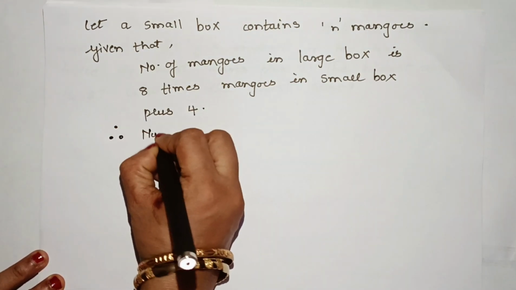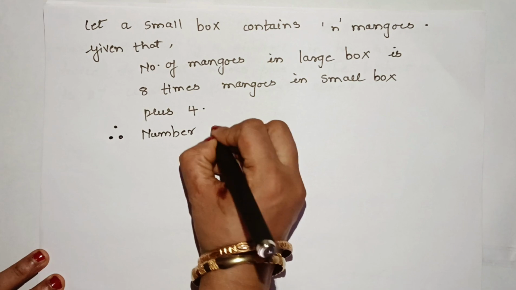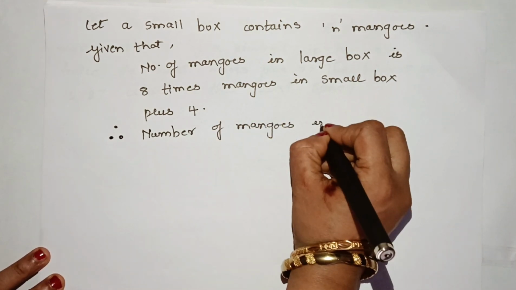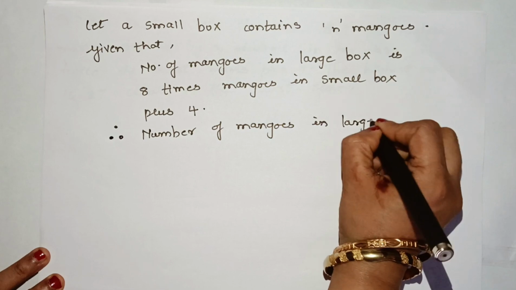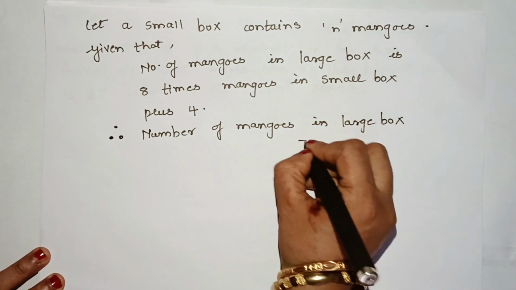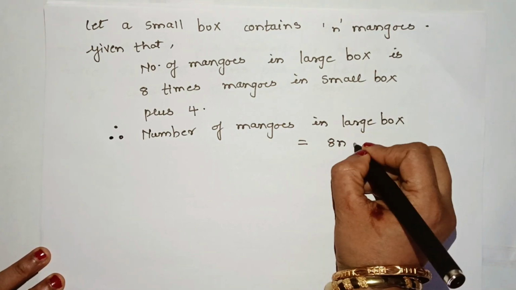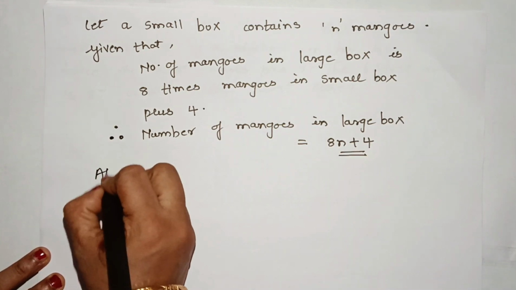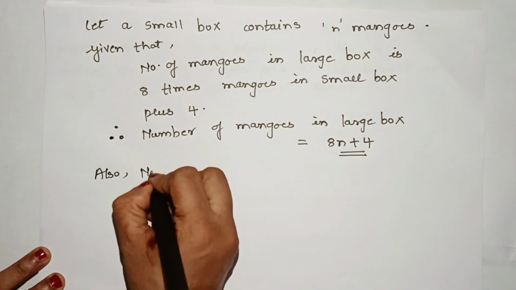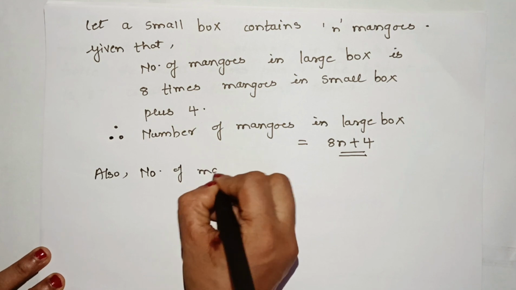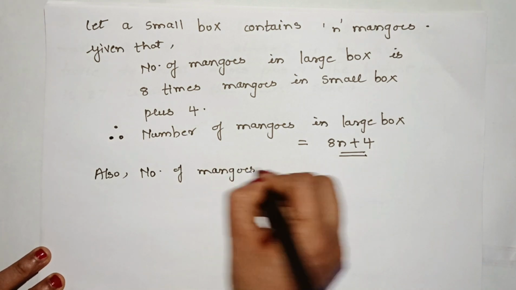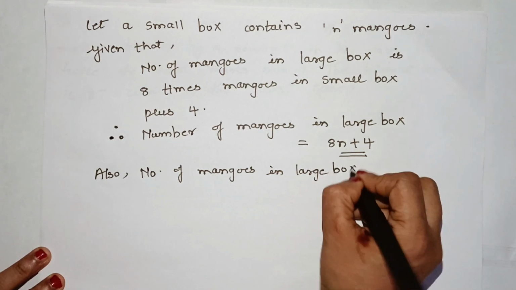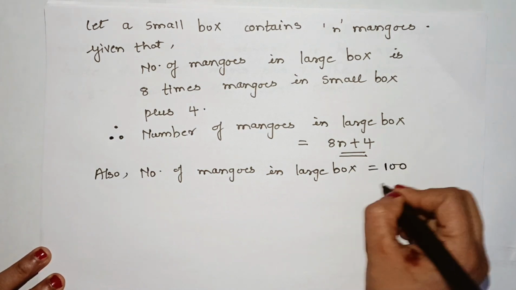Therefore, number of mangoes in large box equals what? 8 times n plus 4. Okay, also what is given in the question? Number of mangoes in large box equals how many? 100.